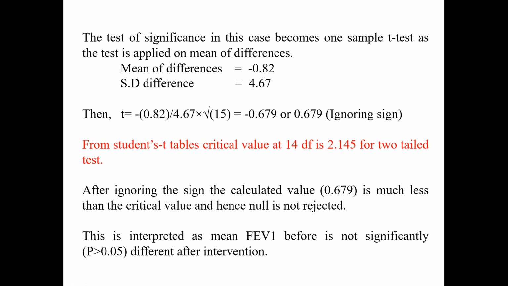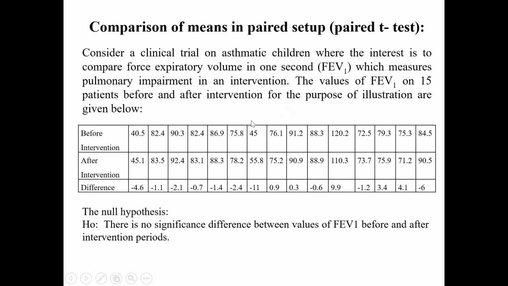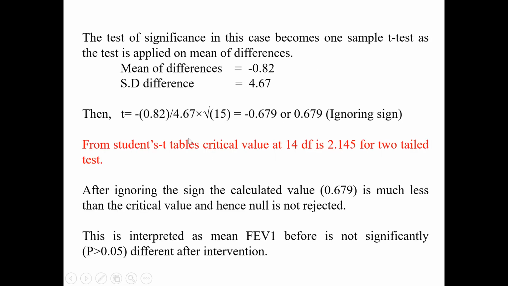Now, the test of significance in this case becomes a one sample t-test, and the test is applied on the mean of the differences. Whatever the differences are, you add them up, plus and minus, and divide by 15, and that becomes the mean of the differences. The standard deviation of the differences you can get from this.